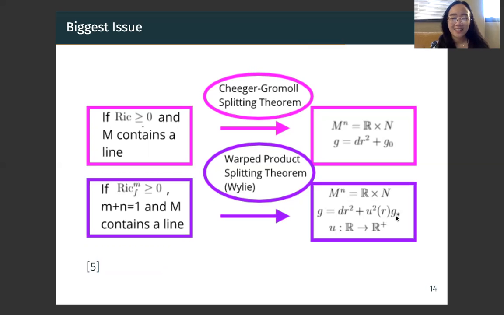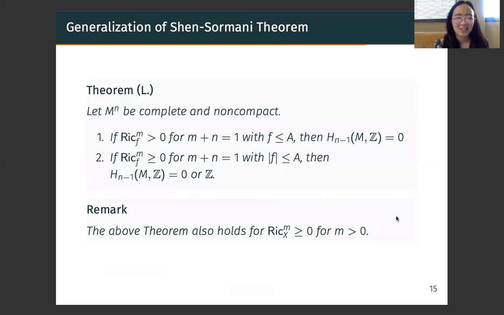And then once you deal with that, you get this generalization of the Shen-Sormani theorem.